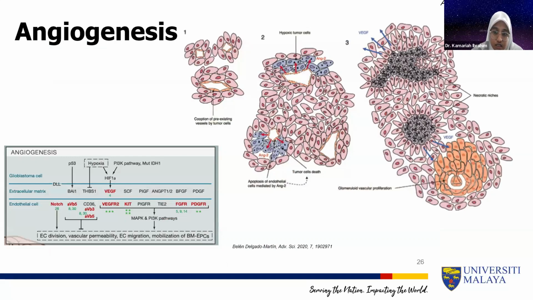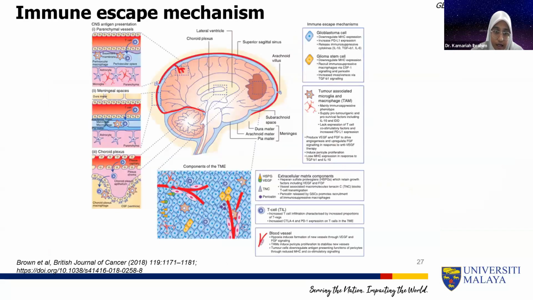Okay, angiogenesis as well allows the GBM cells to survive, and there's also an immune escape mechanism, where these glioblastoma cells have a unique representation that is able to escape immunomodulation, along with specialized tumor-associated microglia and macrophages that are present within the unique lateral ventricle, choroid plexus, arachnoid villus, superior sagittal sinus, and so on.